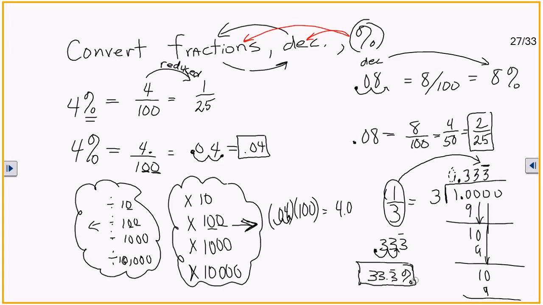Now I've just changed a fraction into a decimal or a percent. So you've got to make sure you can go back and forth between these fractions, decimals, and percents. I'm going to put 3 more on the next page and let you work on them, and let's see what you come up with.